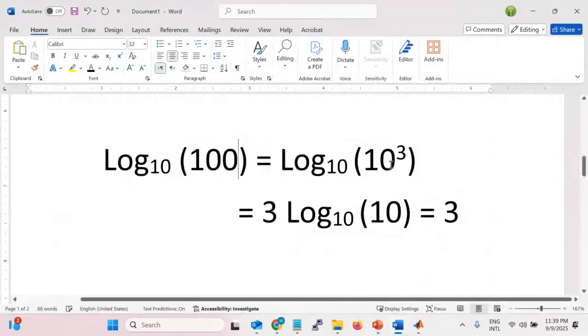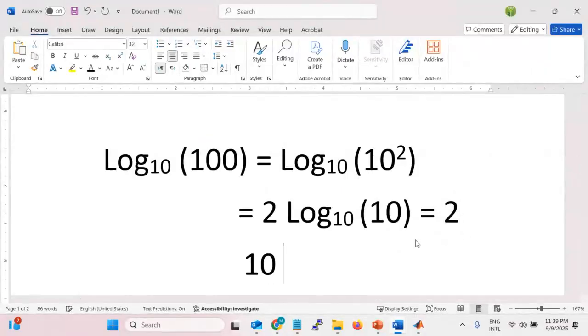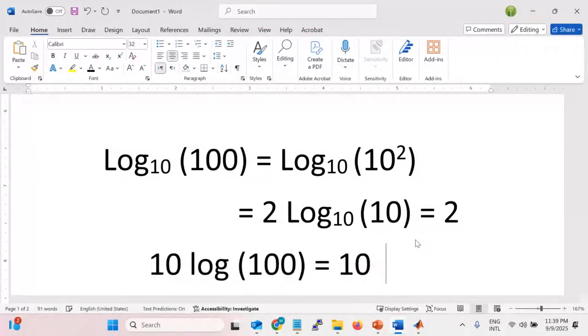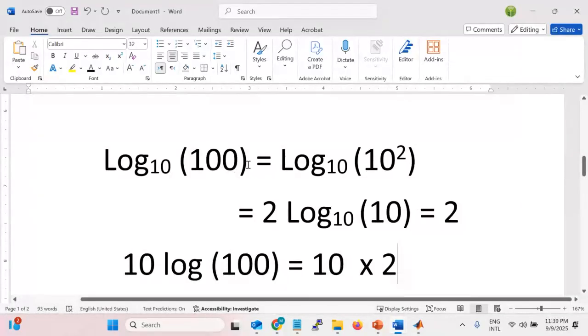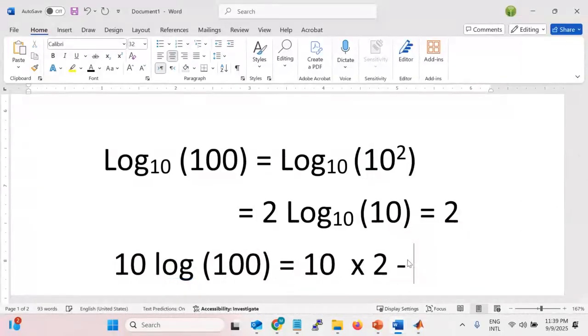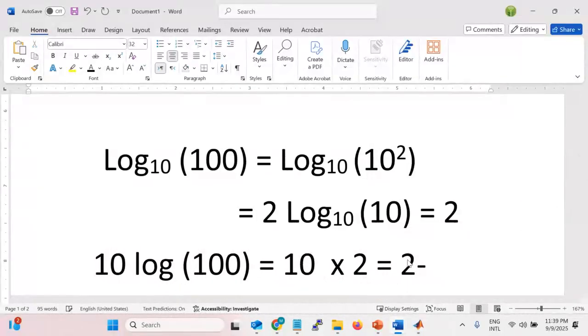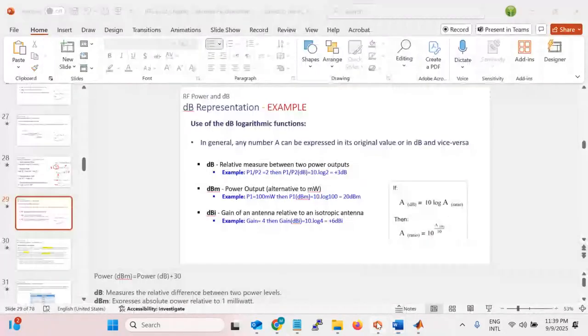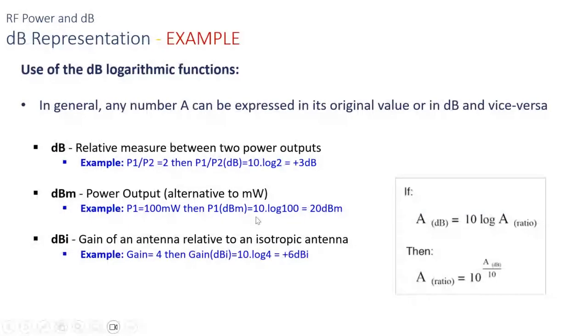Log 100 equals 2, so 10 log 100 equals 10 times 2, equals 20 dBm, because the reference power is 1 milliwatt. So this is for dBm.